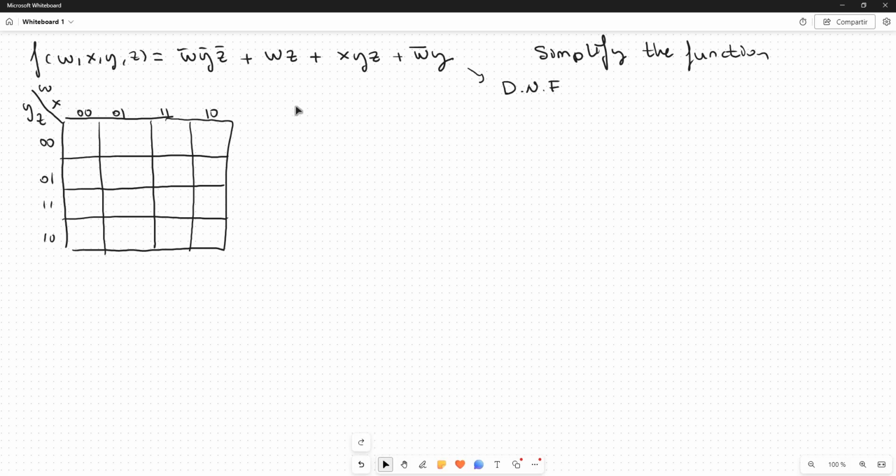So in this case, we have that w is negated, so it's a 0, y is negated, so it's a 0, and z is negated, so it's a 0. And we don't have the value of x, so x can be any value.